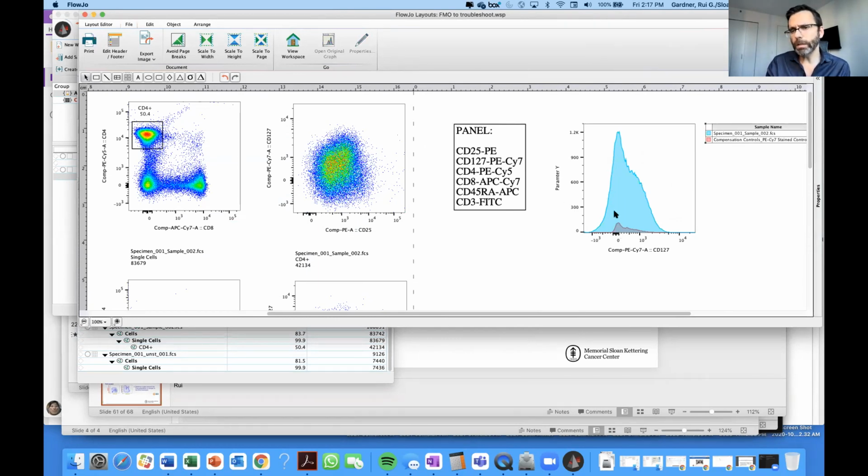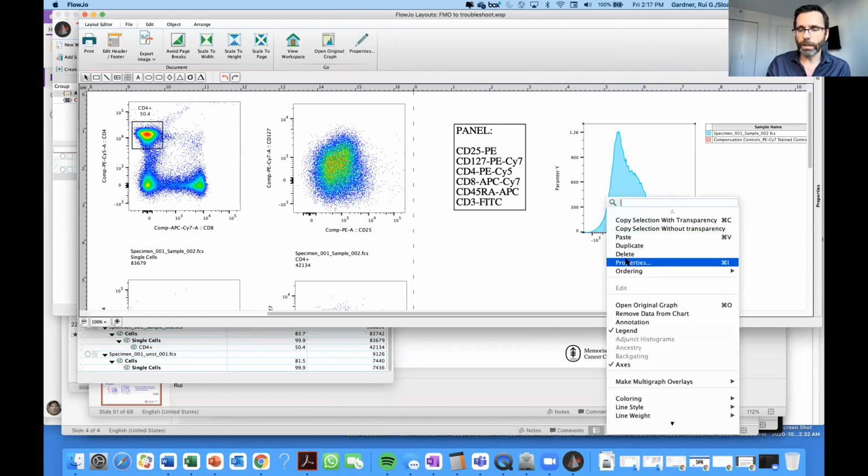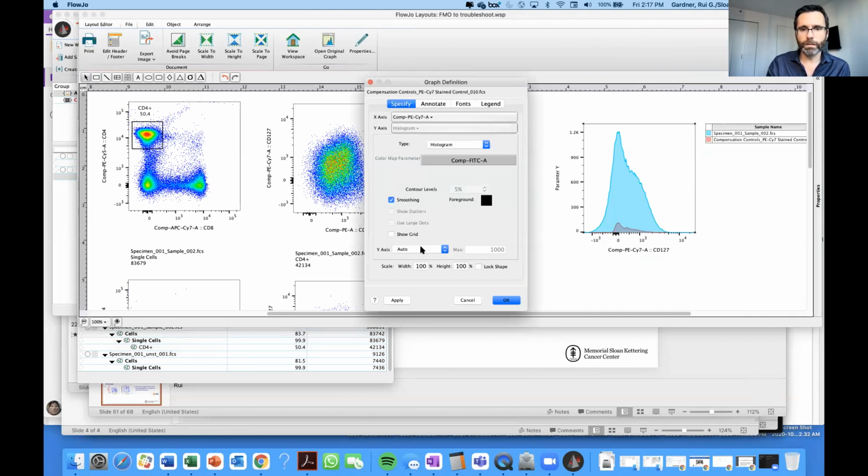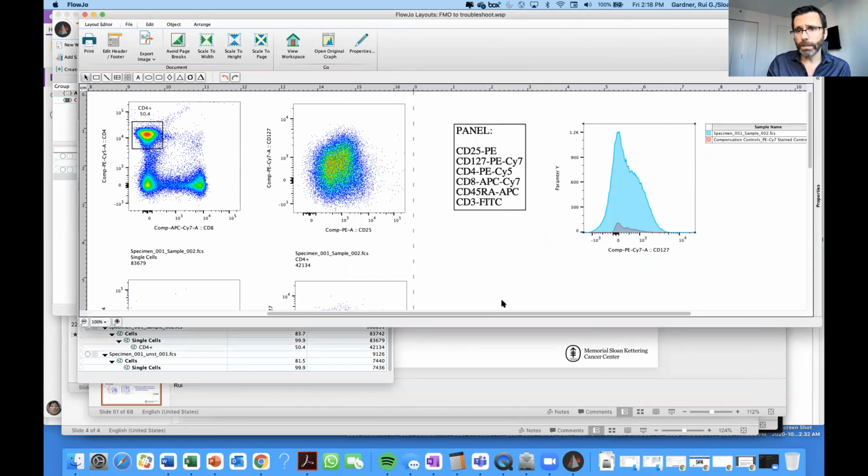Now, sometimes it may be difficult to compare this properly because we maybe have fewer events for the single stain control. You can do things like, instead of the y-axis being automatic, we're actually going to choose, for instance, modal, and this will help us visualize things in a better way and compare them.